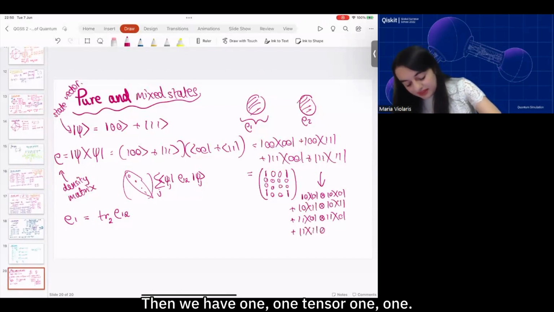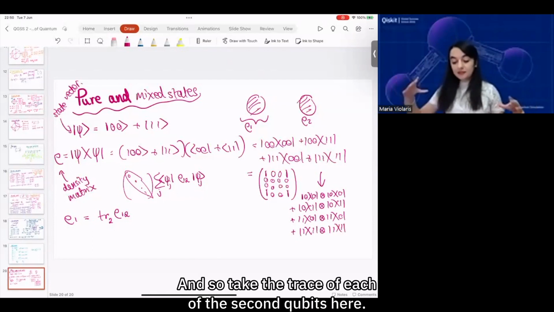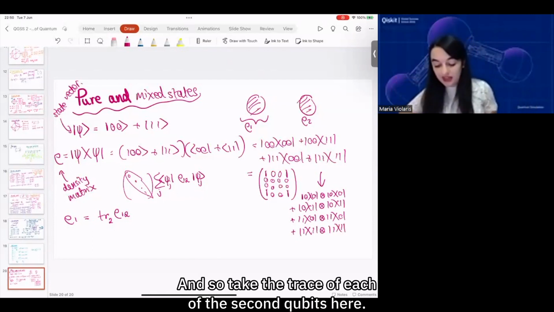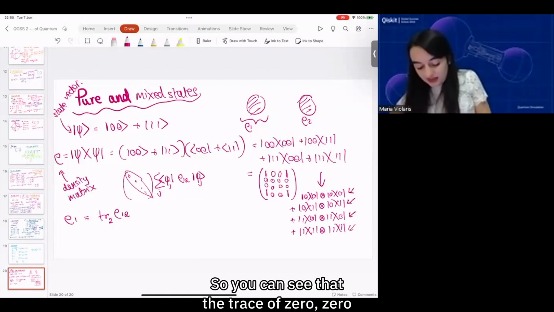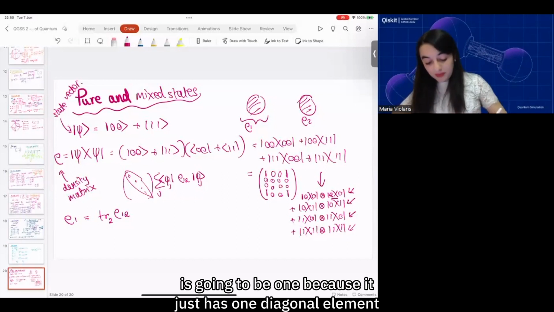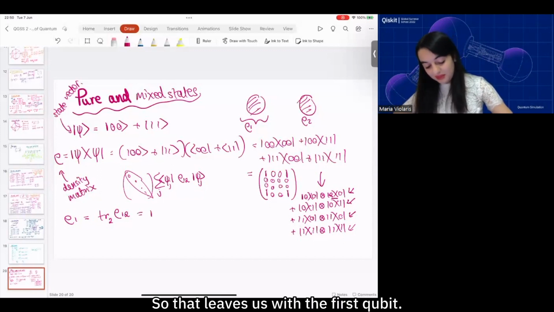Then we have 1, 1 tensor 1, 1. And so we take the trace of each of the second qubits here. You can see that the trace of 0, 0 is going to be 1 because it just has one diagonal element, which adds up to 1. So that leaves us with the first qubit.